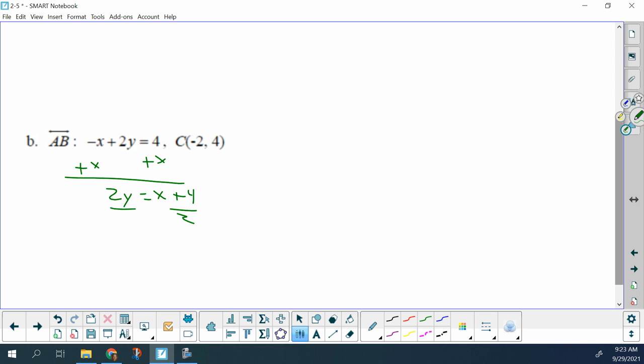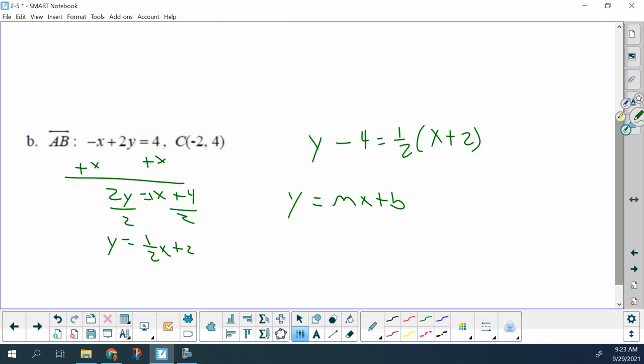Then we're going to divide by 2, so 1 half x plus 2. So my slope is the parallel line's slope. I can write it as point slope, y minus 4 equals 1/2 times x plus 2, and that would be good. Or, if you like y equals mx plus b, I can replace the y with 4, slope a half, and x equal to 2.